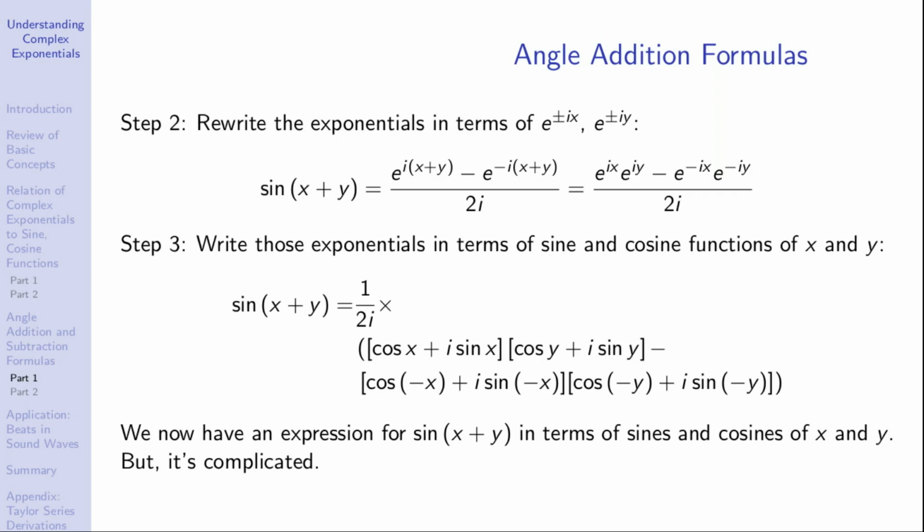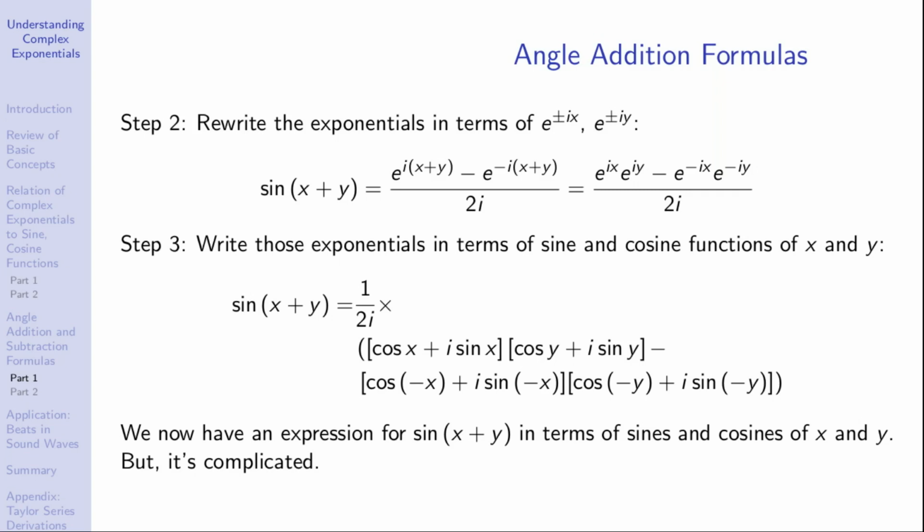Now we rewrite each of those exponentials such that e to the i(x plus y) is equal to e to the ix times e to the iy, and e to the minus i(x plus y) is equal to e to the minus ix times e to the minus iy.